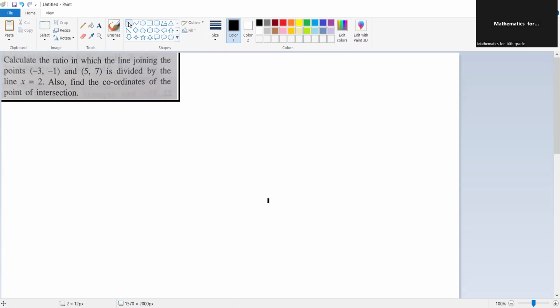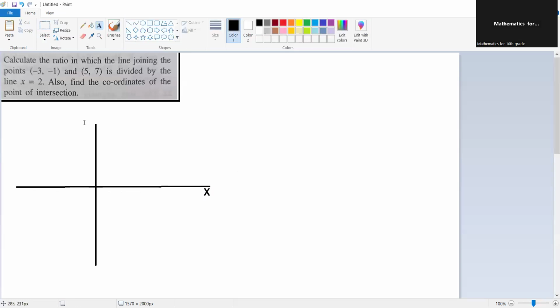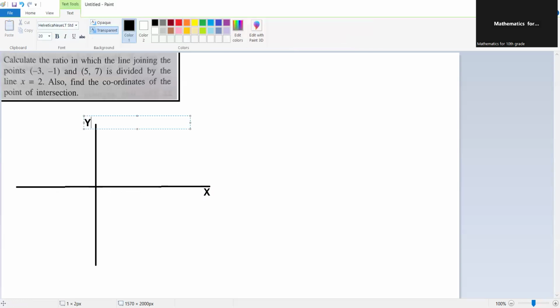Let's first draw the coordinate axes, x and y. This is the y-axis, and that's the x-axis. I'll write it down: x and y.